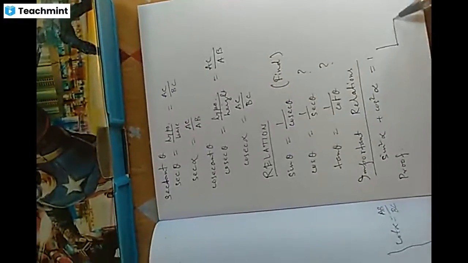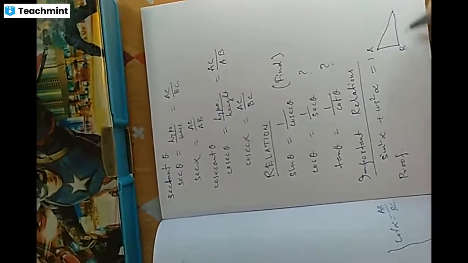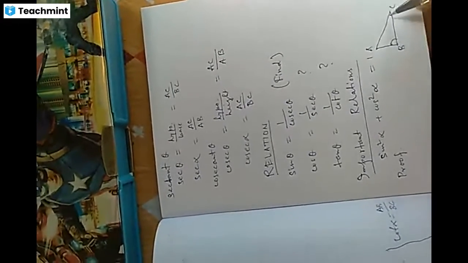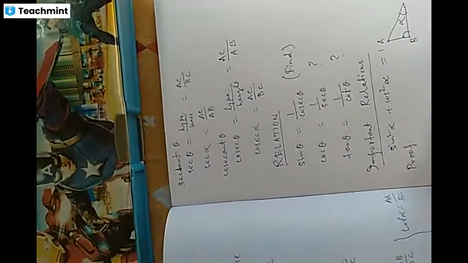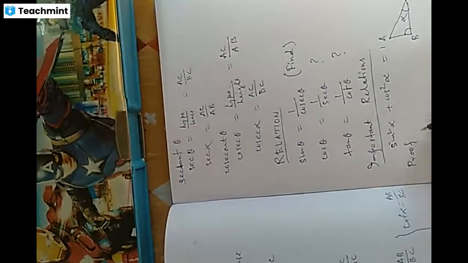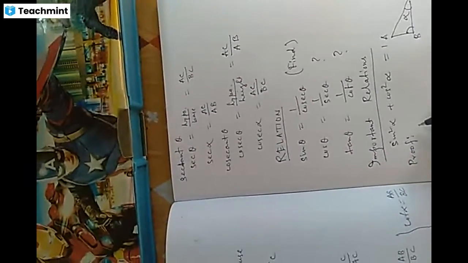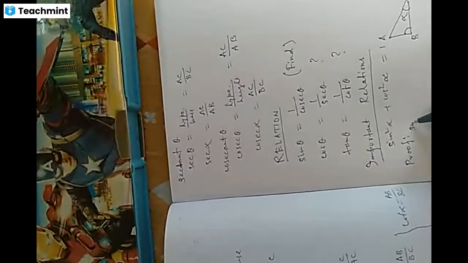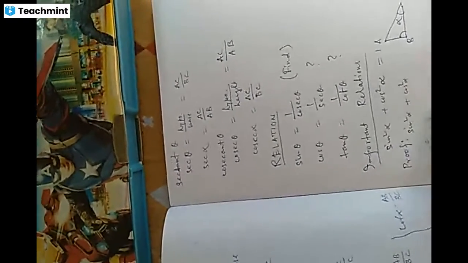Again, we are taking a right triangle, ABC. We take this as the right angle, and this as alpha. First we take the left hand side, sine square alpha plus cos square alpha.